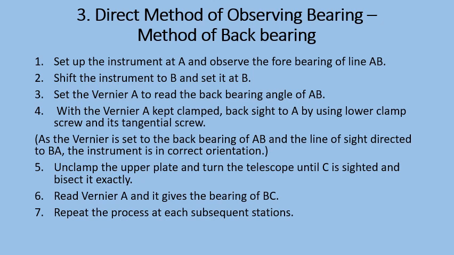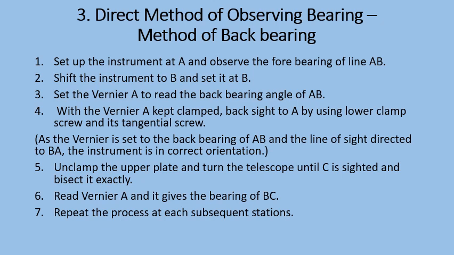That is the basic principle we learned in compass survey: forebearing and back bearing of a line have a difference of 180 degrees. Suppose theta is the forebearing of line AB, then the back bearing of line AB will be 180 plus or minus theta.